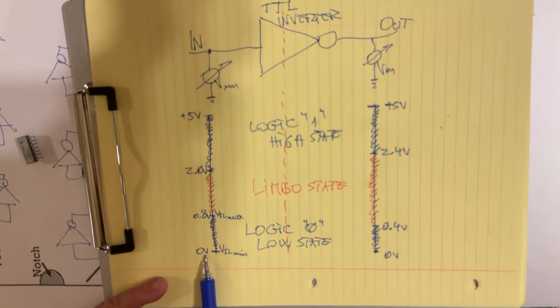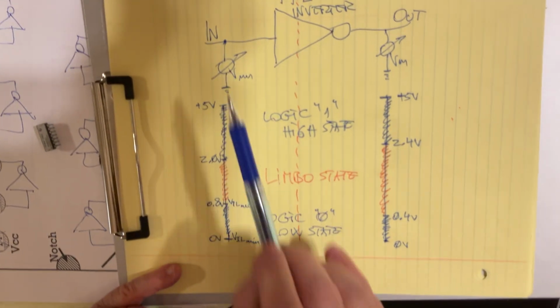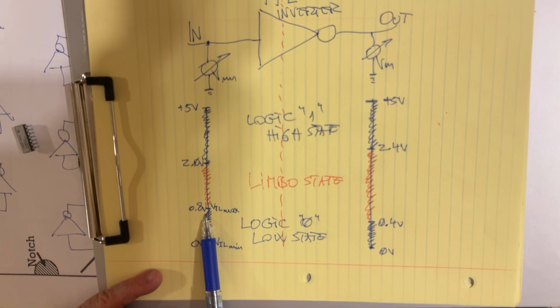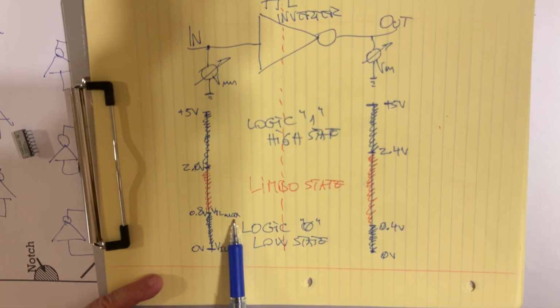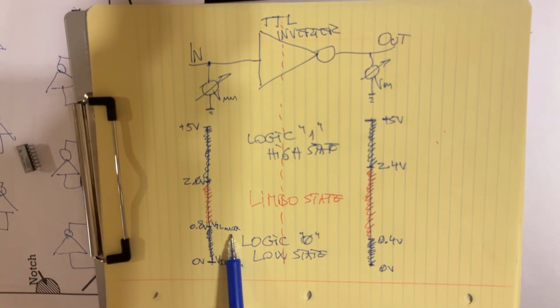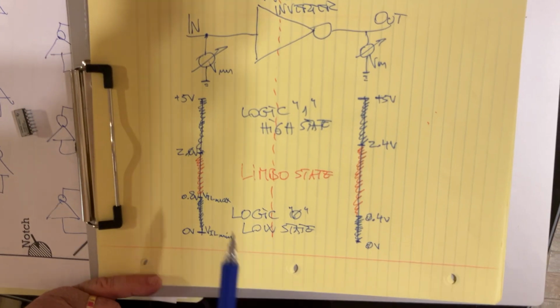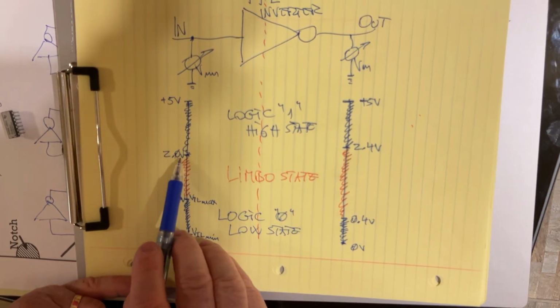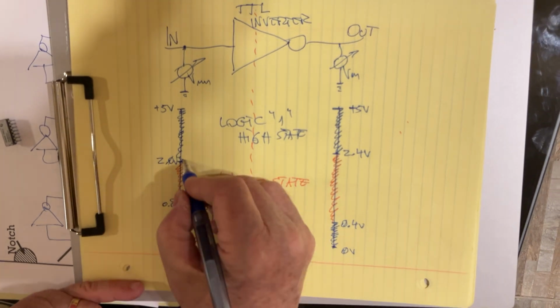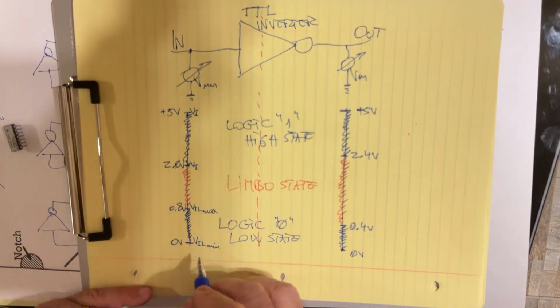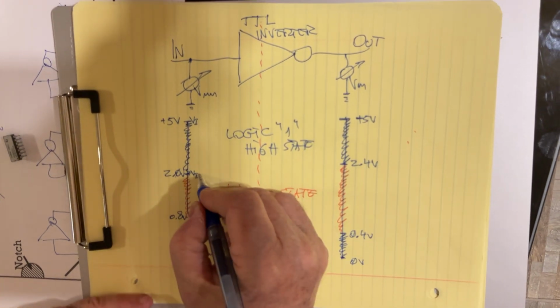So 0 volts represents, when the meter is connected to the input, VIL minimum. And 0.8 volts represents VIL maximum. This is the maximum value you can measure and still consider at the input a low state. Similarly for the 2 volts and 5 volts. You are still measuring at the input, VI, but this time it is not a low state, it's the high state.